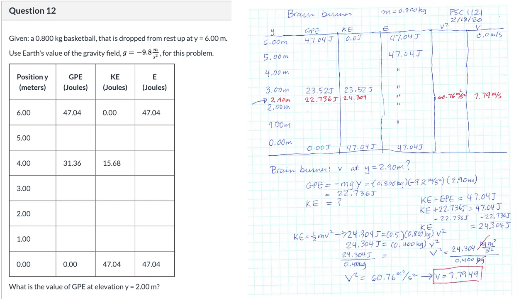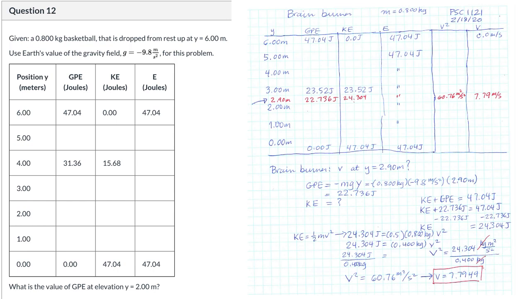What do I have to divide both sides by to get v squared by itself? Right. Divide both sides by 0.4. So I'll have v squared over here, and over here I'll have 24.304 joules and 0.400 kilograms, and that's equal to v squared.